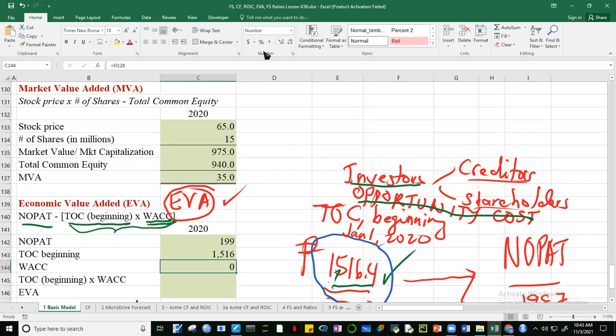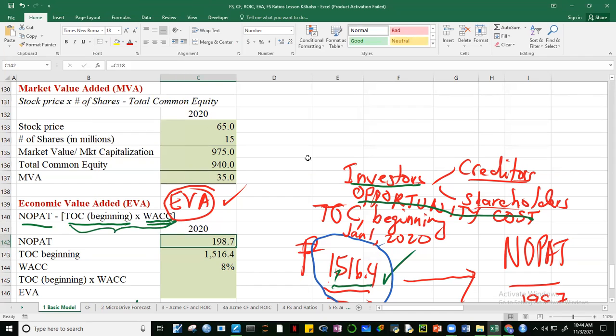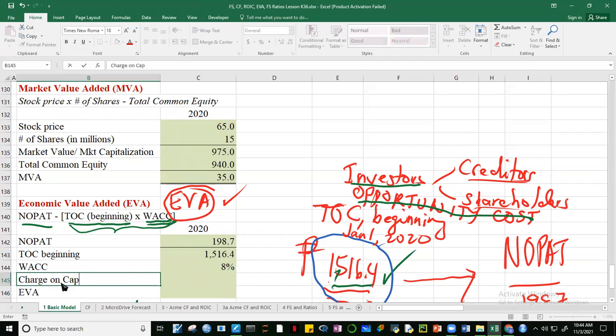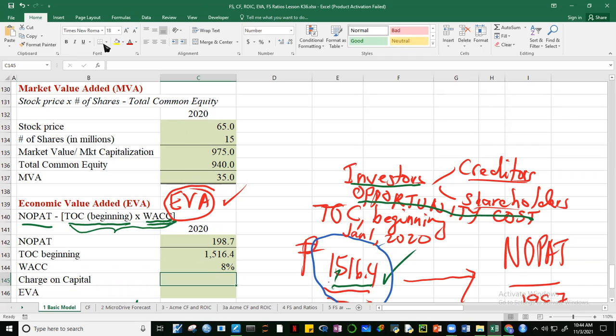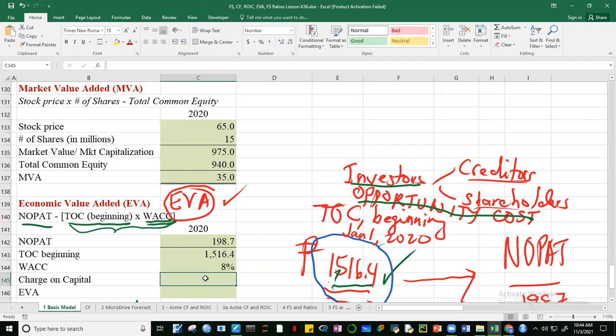Percent. Okay. Let me just okay, bottom. So let's call this charge on capital. The charge on capital is the TOC at the beginning multiplied by 8%.